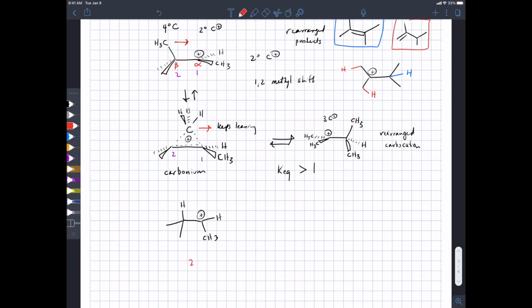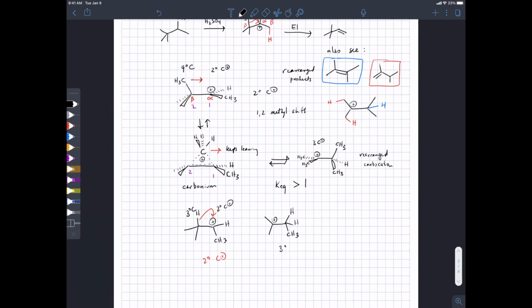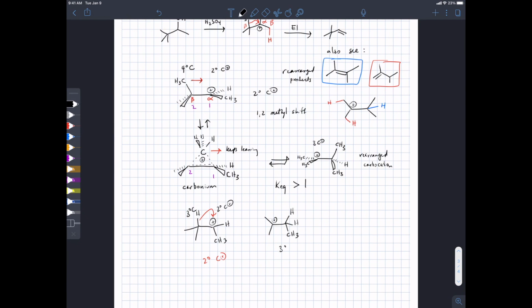Then, via a 1,2 hydride shift, you could go from a less stable secondary carbocation to a more stable tertiary carbocation. So that's when you want to pay attention. Tertiary carbon adjacent to secondary carbocation, or quaternary carbon adjacent to secondary carbocation.